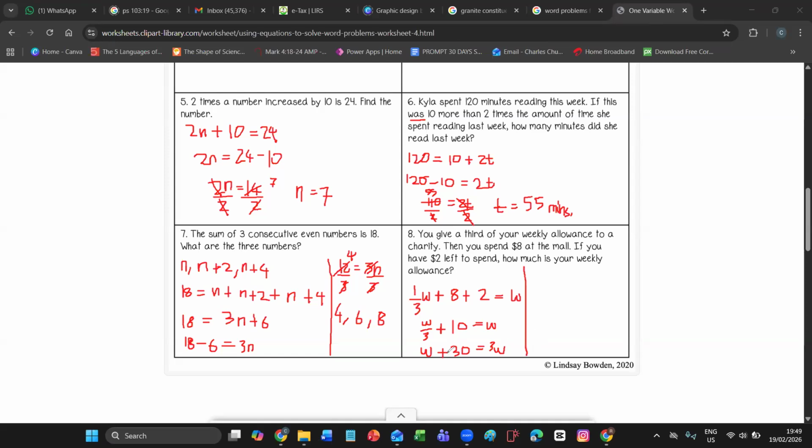So which one should move? W. Nice choice.